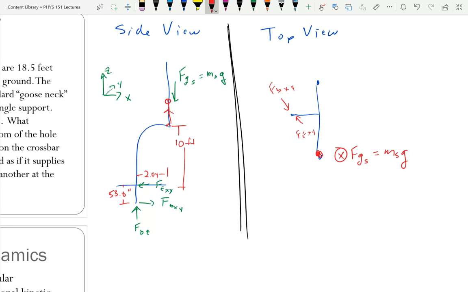So I have my forces marked. There's an upward force at the bottom. I guess I should have put that to force bottom Z there. And then I'll put some dimensions on here. 2.0 yards. And that's half of 18.5 feet, so 9.25 feet.